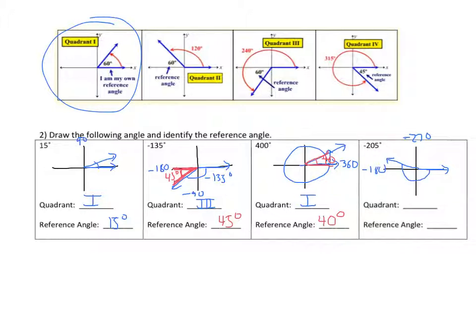So that's negative 205, and it landed in quadrant 2. The reference angle this time, the acute angle formed by the terminal side and the x-axis, the difference between 205 and 180 is 25 degrees. So the reference angle would be 25 degrees.